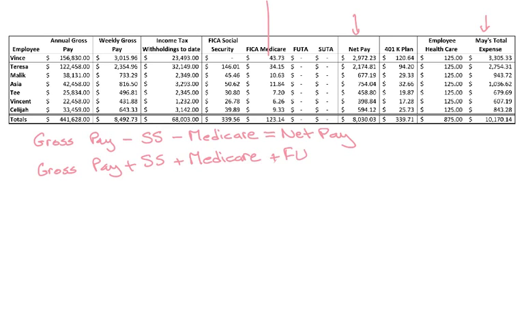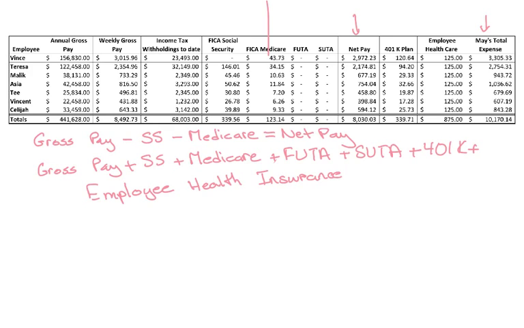They have to pay out unemployment taxes if they had some, but in this case they don't. May also decided to contribute to their employee 401k plan. So they need to pay for their 401k plan, and they pay for employee health insurance. So all of those things go into their total wage expense.